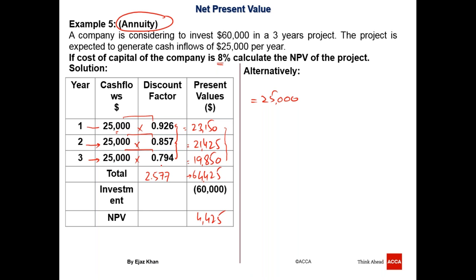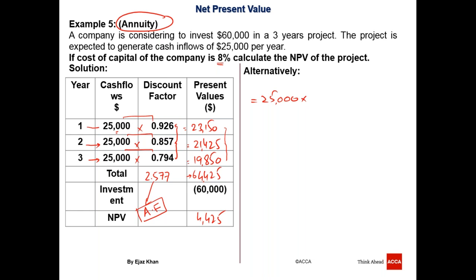Okay. The sum of discount factors is called annuity factor, or you may call it cumulative discount factor. This 2.577 is actually the sum of the first 3 years discount factors.